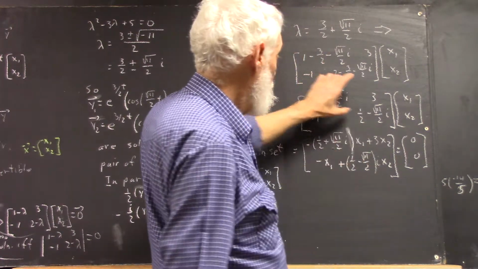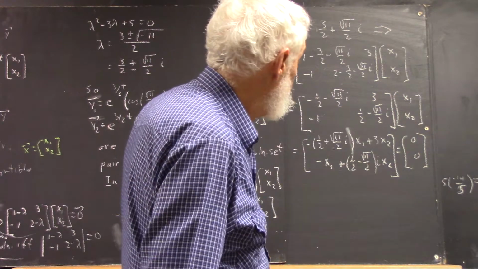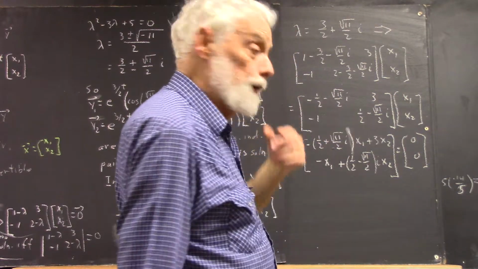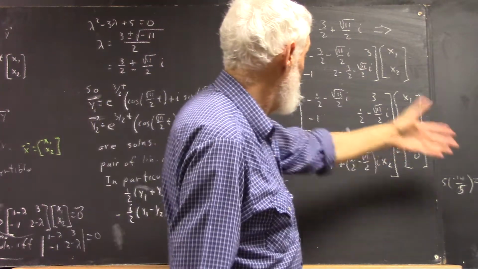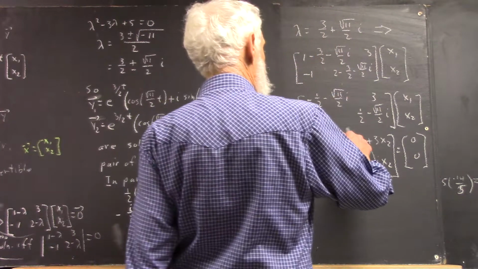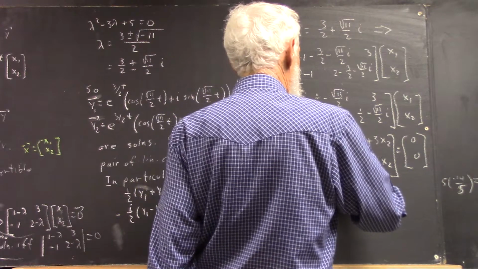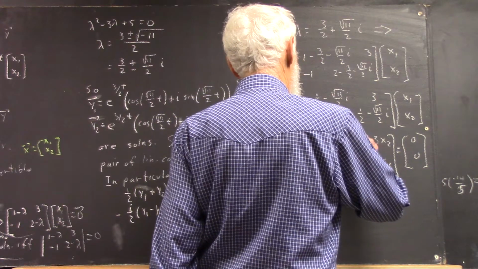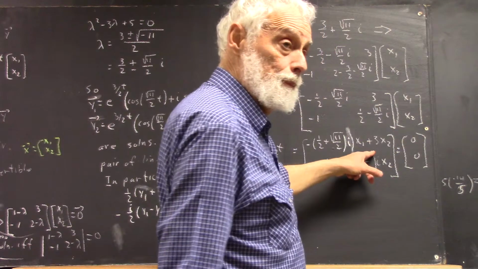We still have our imaginary parts, our negative square root of 11 over 2 i. And then we have the 3 and the negative 1 here. So if I multiply that out, I have this times x1, and a 3x2.